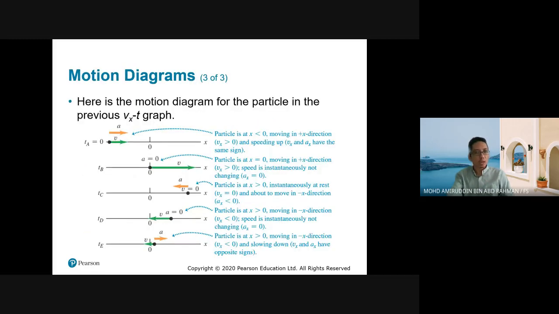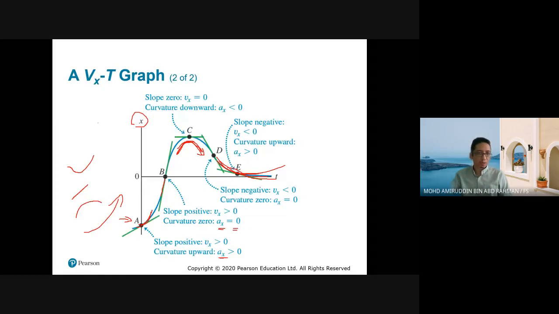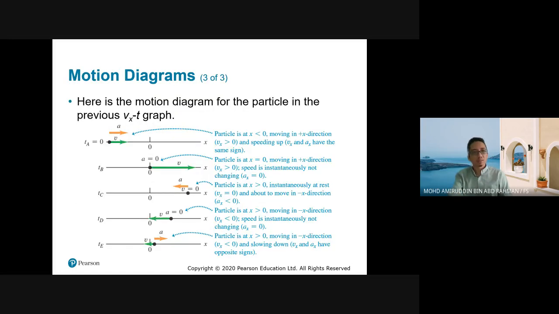So we have, let's say, at point A, the particle is at negative x. You have positive x and then you have negative x. So at the negative, you have negative velocity. You start at a point of negative x, moving in the x direction and speeding up.